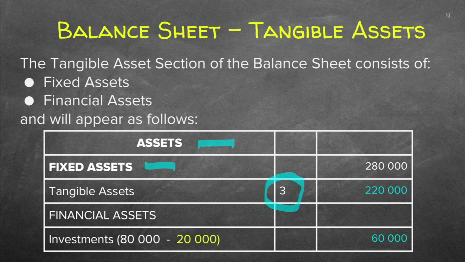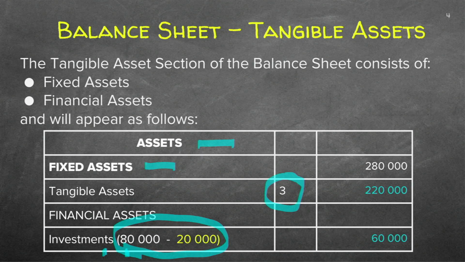I then move on to my financial assets, and we look at our investments, and here I've got 80,000 minus 20,000, and I'm going to explain that later, but it is important, and that's why I've put it in here, just to make you aware of the importance of investments before we get there.